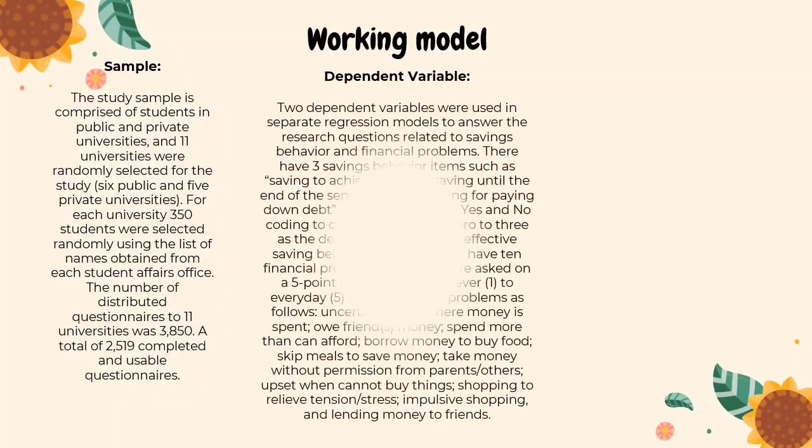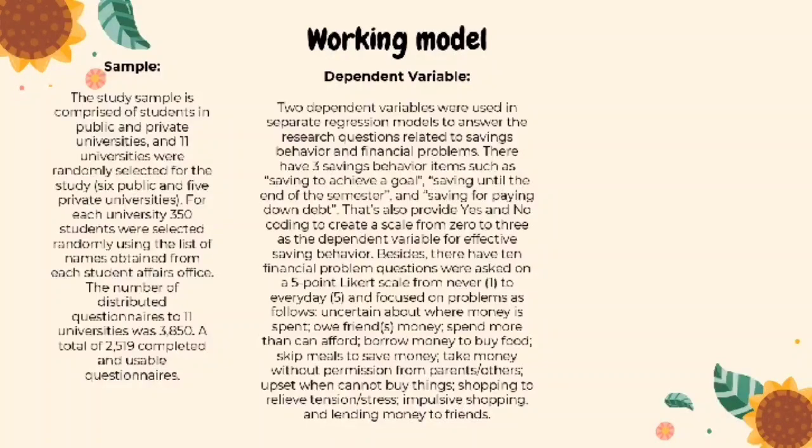Two dependent variables were used in separate regression models to answer the research questions related to savings behavior and financial problems. There are 3 savings behavior items: saving to achieve a goal, saving until the end of the semester, and saving for paying down debt. They were given yes and no coding to create a scale from 0 to 3 as the dependent variable for effective saving behavior.